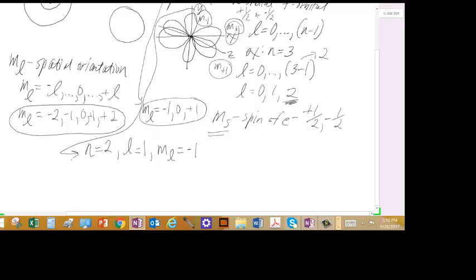So there are 2 cases for M sub s in the y suborbital. You'd have one case where you have +1/2, and then another set of quantum numbers also relevant to this suborbital residing along the y-axis, and that would be n is equal to 2, L is equal to 1, M sub L is equal to -1. Notice everything's exactly the same except the M sub s is equal to -1/2.